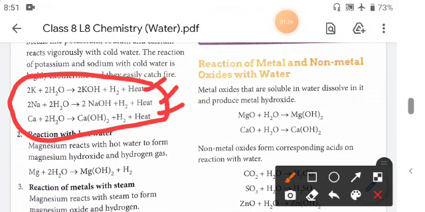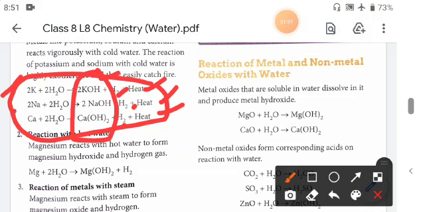That means heat will be produced, hydrogen gas will be there, and the product you will find will be metallic hydroxide. When cold water reacts with potassium, it gives potassium hydroxide, hydrogen gas and heat.